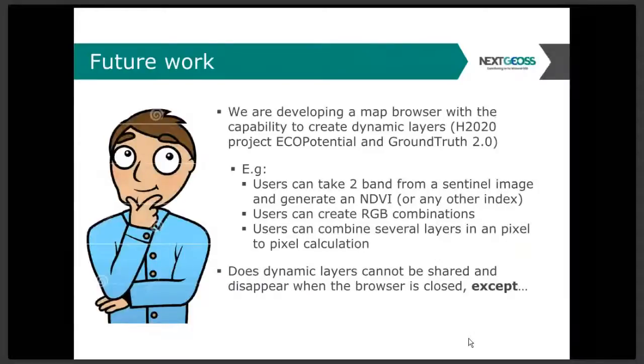The idea is the following. The user can take 2 bands of a Sentinel image and generate an NDVI or whatever other index that he wants to do. Or he can create whatever RGB combination he wants based on 3 bands.